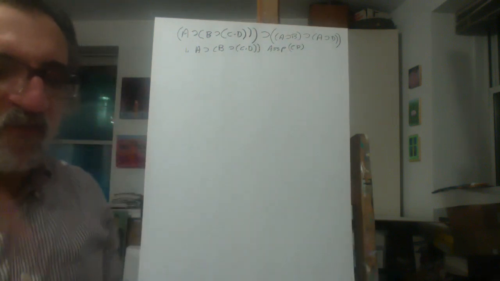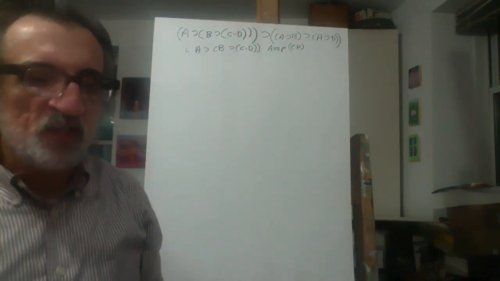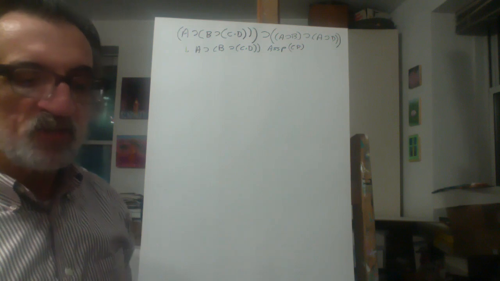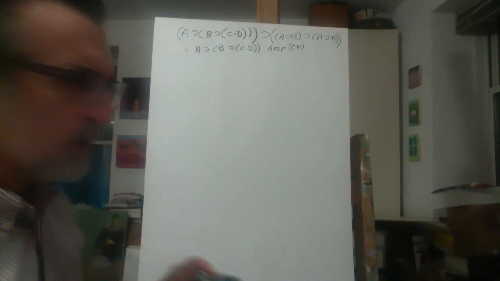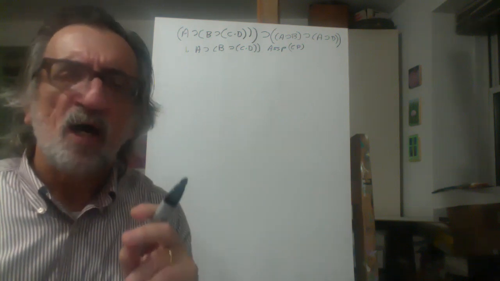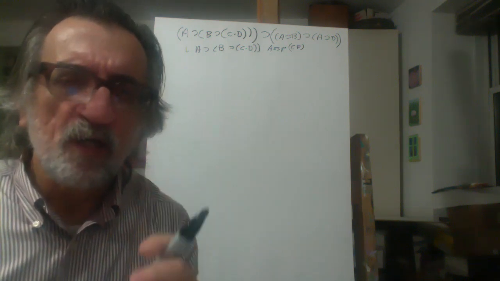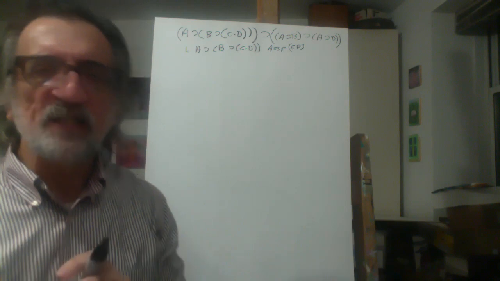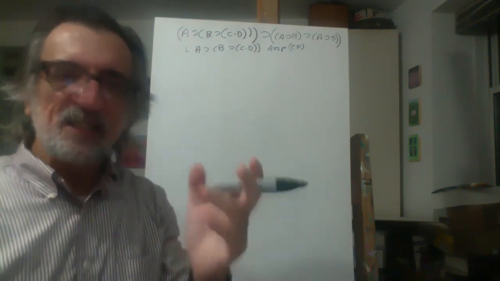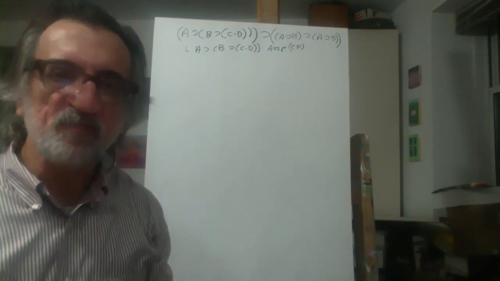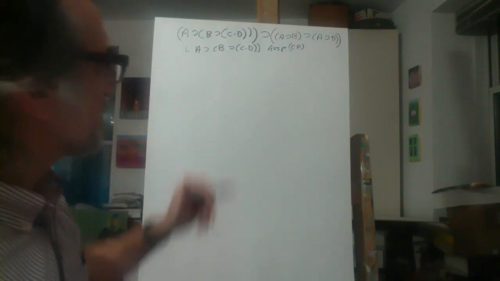Now, the assumption for the sake of the conditional proof is this antecedent. There are different ways you can go with this. One of the fun little replacement rules, which doesn't get used that often, but you notice it because it's a little different from the humdrum other replacement rules, is exportation, right?